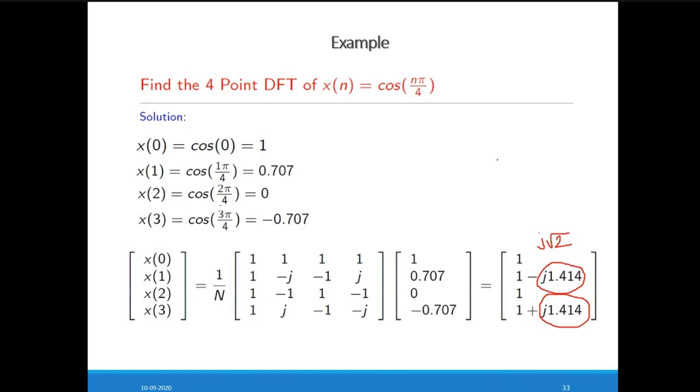Am I audible to all? Please respond. Jinendra, am I audible? Have you finished the example? I have to wait for a few more minutes.